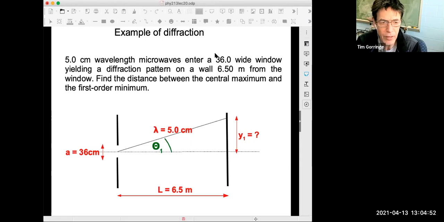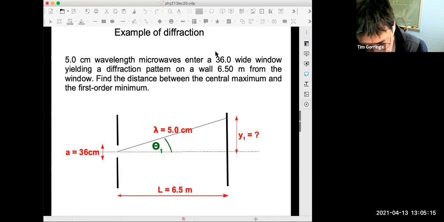It's actually microwaves, like microwaves you have in your microwave at home or in your dorm, right? Microwaves are electromagnetic waves, but the wavelengths are not hundreds of nanometers. Microwaves have wavelengths that are scale of centimeters. And here we're talking about 5 centimeter wavelength microwaves.